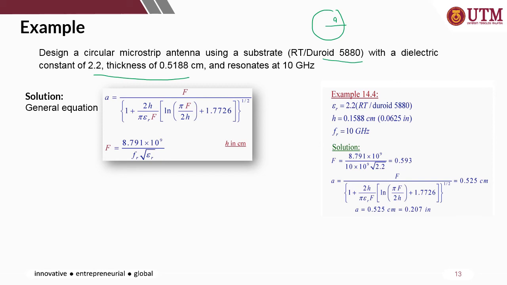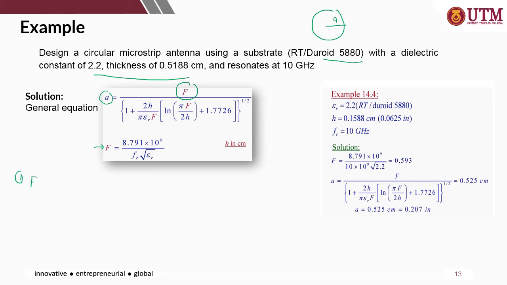Based on the previous slide, we have a, the radius of the circular patch, given by the following equation, and the factor F can be determined by this equation. Since a depends on F, we need to calculate F first.